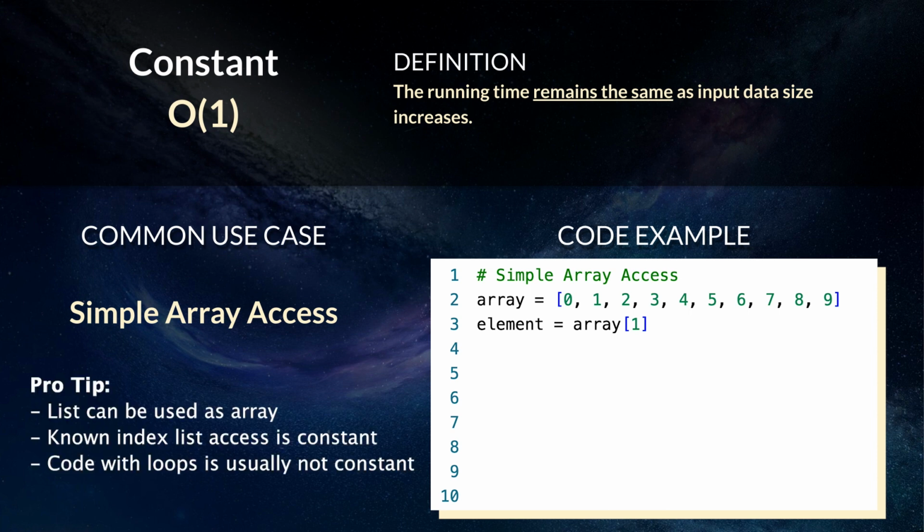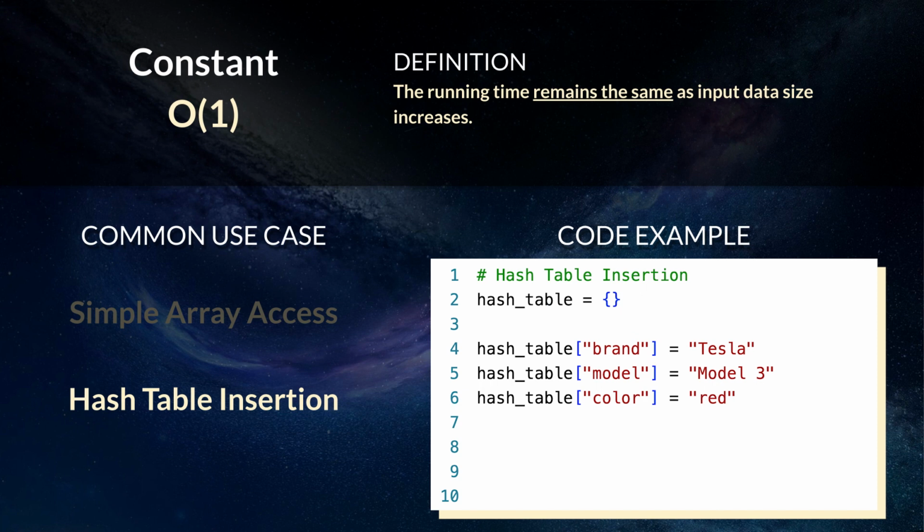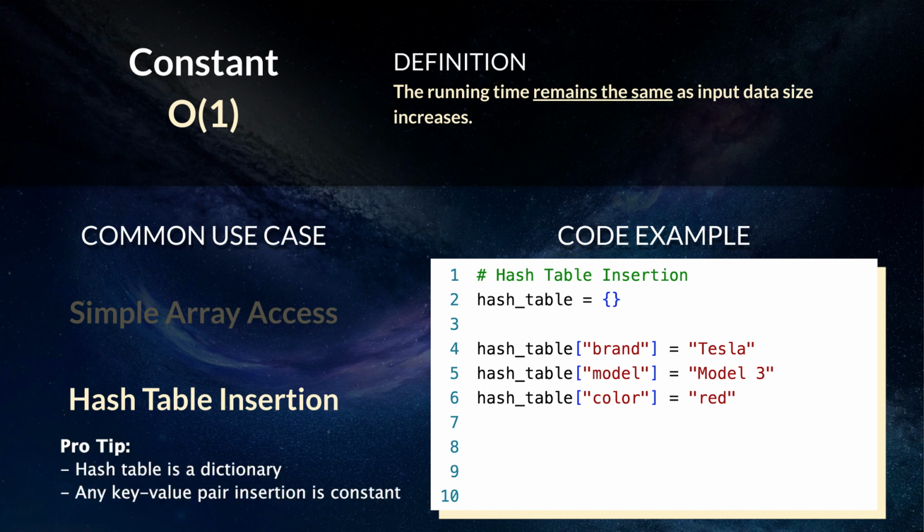Now, if we want to access an element, let's say the second element of the list, no matter how large the list is, it takes the same runtime. Another example you might have heard about is called a hash table. A hash table is nothing more than just a dictionary in Python. Any type of hash table insertion is often constant time complexity.